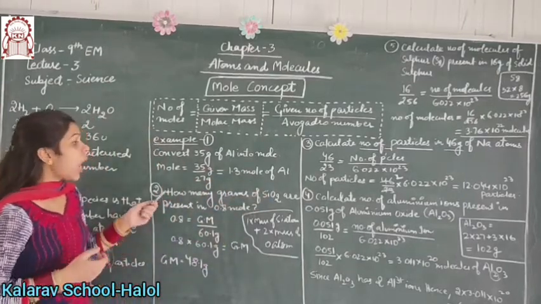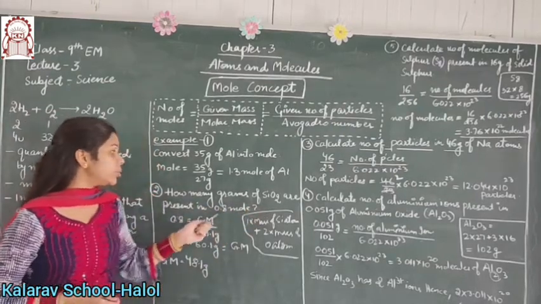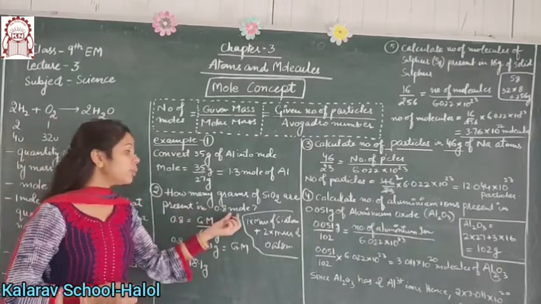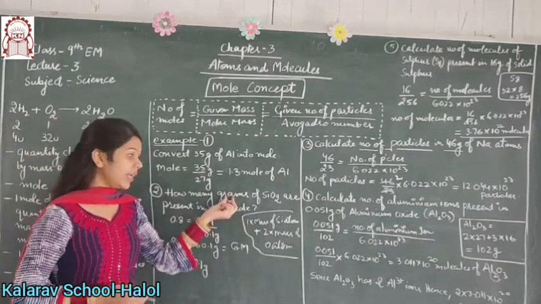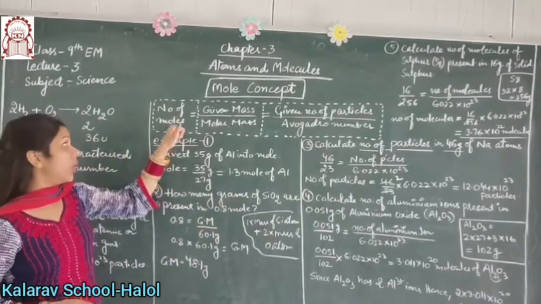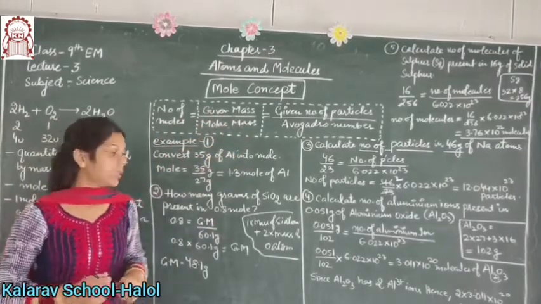Next: how many grams of silicon oxide are present in 0.8 mole? Here we are given mole, we have to find grams. So we apply the formula: the number of moles equals given mass upon molar mass.